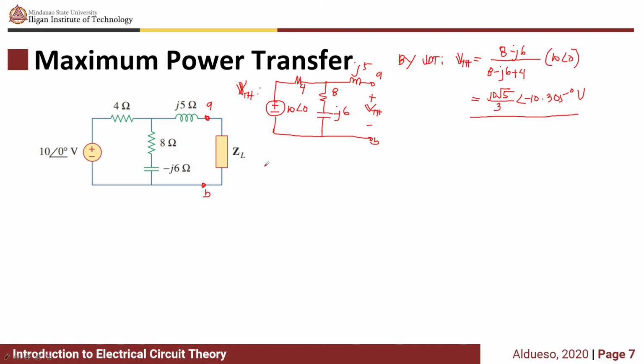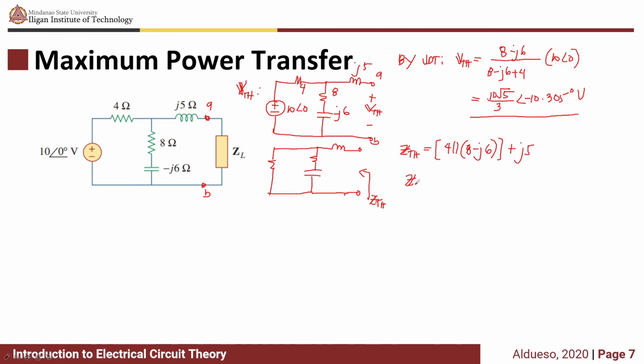Now solving for ZTH, since we only have an independent source, we can turn it off and find the equivalent impedance as seen by terminals A and B. This is our ZTH. So ZTH is equivalent to 4 in parallel with 8 − j6 and in series with j5.